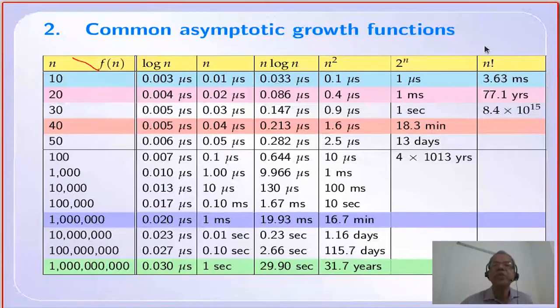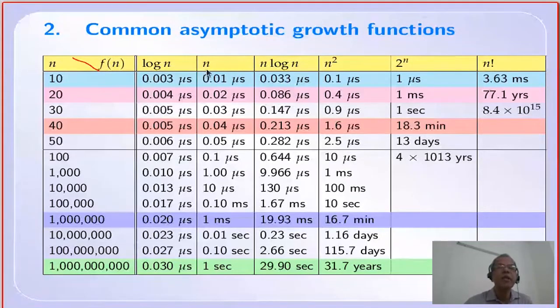Okay, suppose, how do we measure the running time? We saw that we have to identify a basic operation or key operation of the algorithm and count the total number of times that basic operation is repeated.